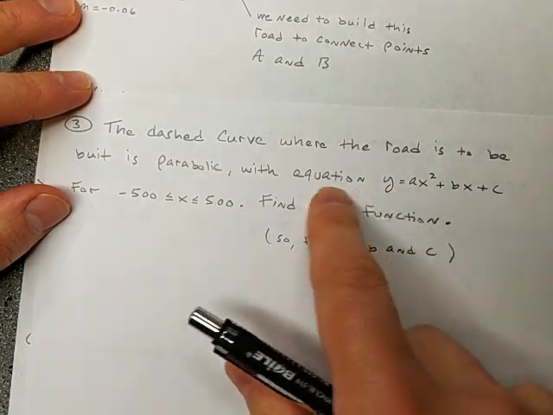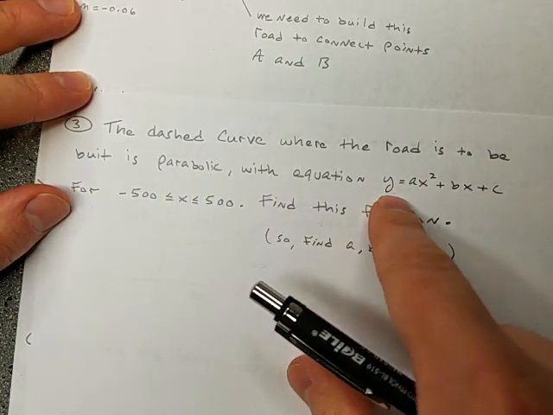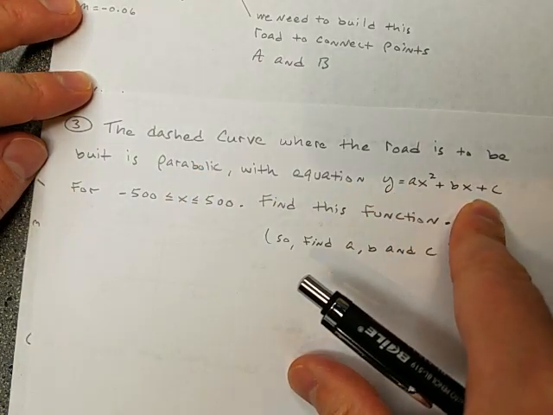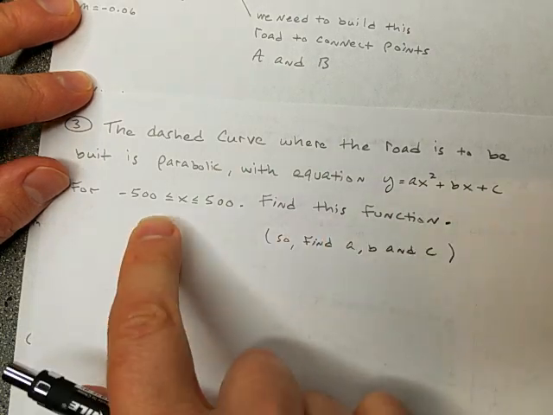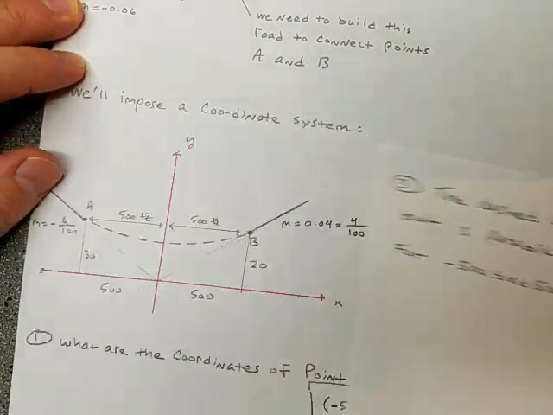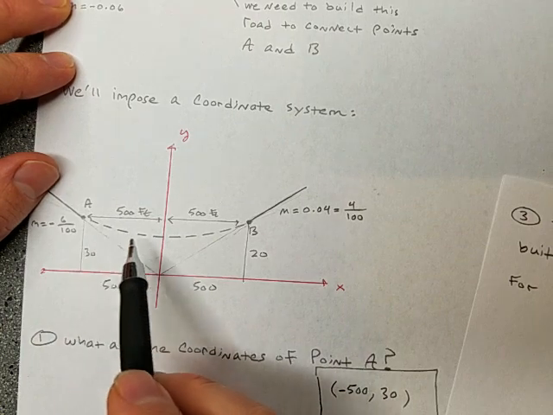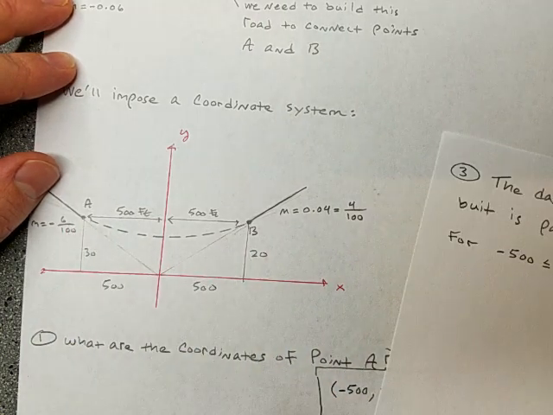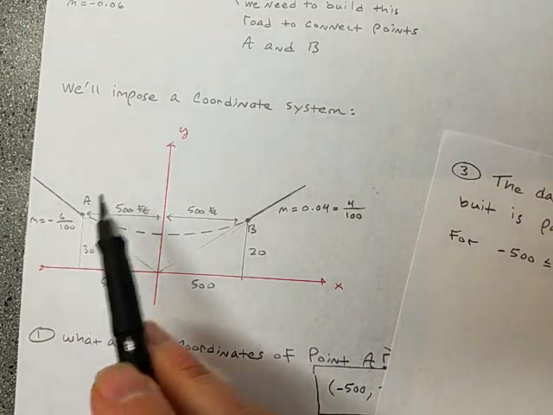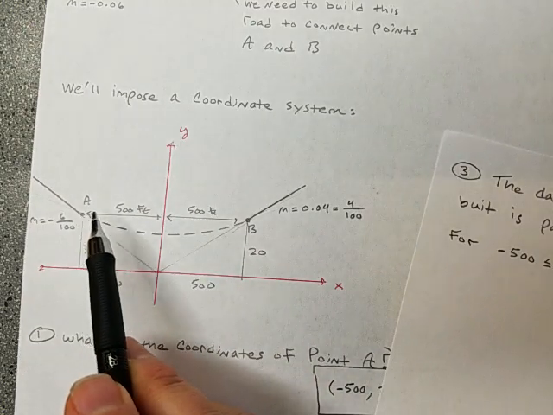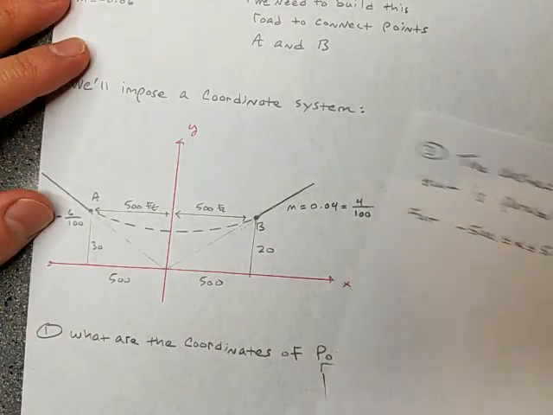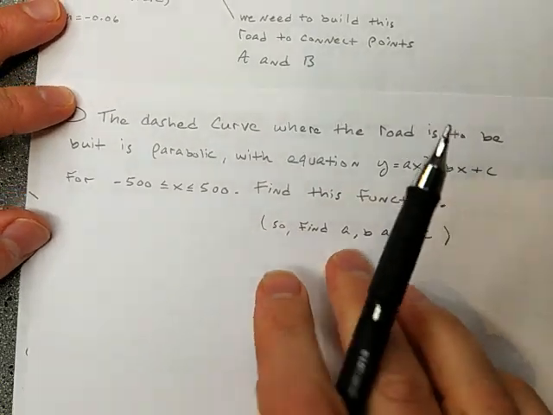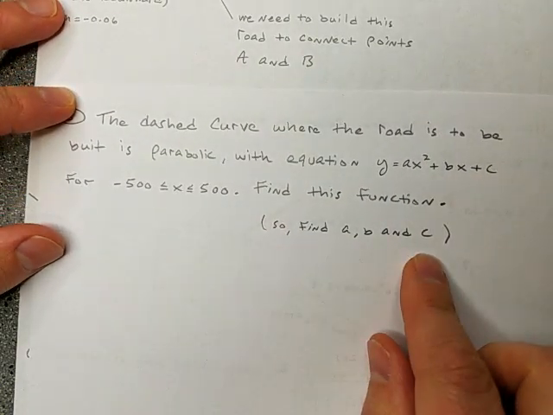It has, as all parabolas do, the equation y equals ax squared plus bx plus c for x between negative 500 and 500. So that's this road we're going to build that's parabolic, that takes you from point A to point B. That does span our coordinate system, negative 500 feet to the left, 500 feet to the right. Can you find this function? In other words, can you find A, B, and C?